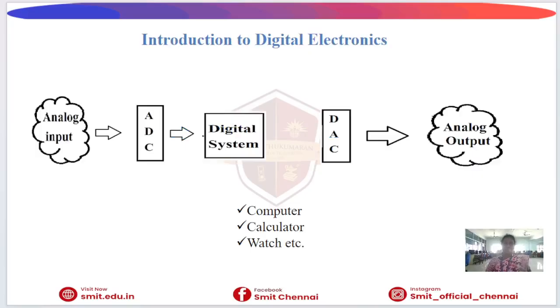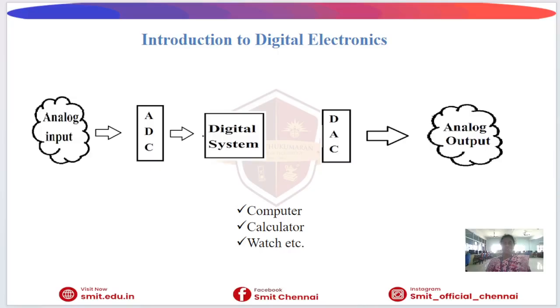First, digital electronics. Digital electronics is a branch of electronics in which information is represented using discrete values, normally two levels, namely 0 and 1. Unlike analog electronics, where signals can take any values in a continuous range, digital electronics works with only fixed levels.